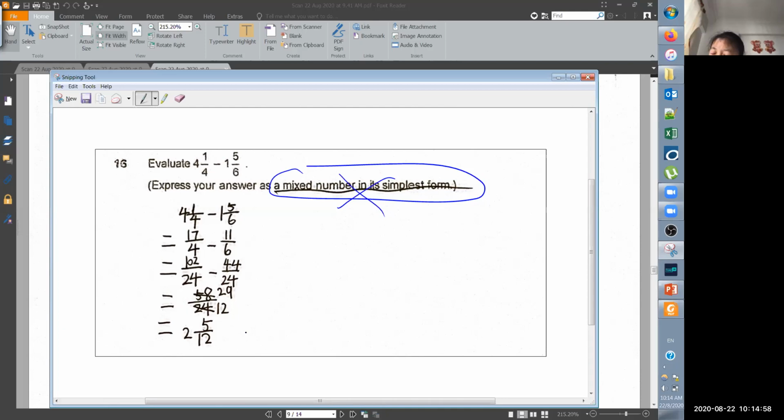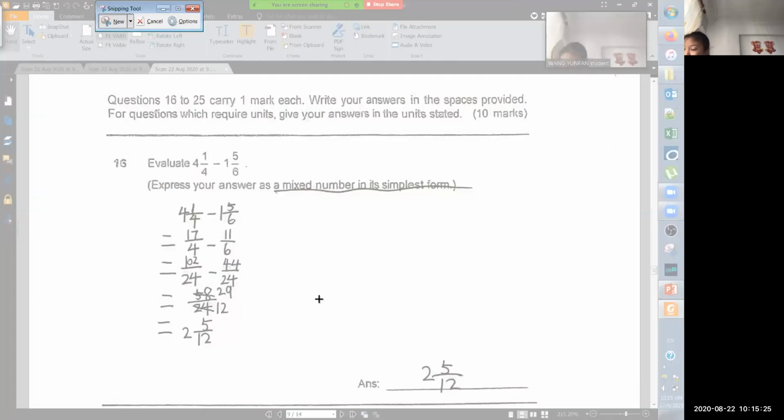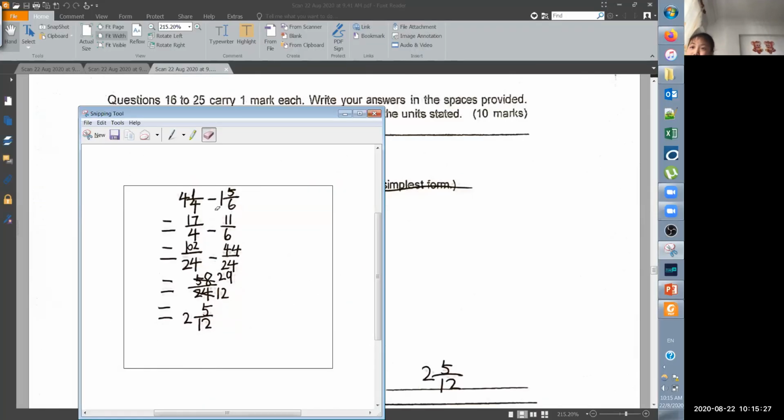Why? Because if you get this kind of answer, if you leave this as your final answer, it's wrong. Why is it wrong? Because it's not the simplest. What I mean by the simplest is you need to get it into the final simplest form. Even for this question, the simplest form is 29 over 12.